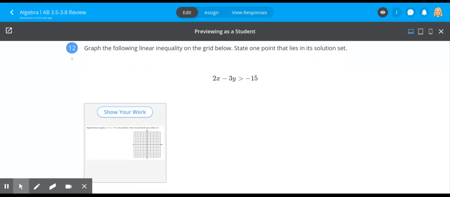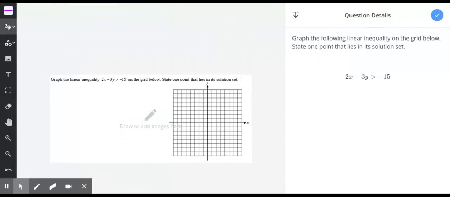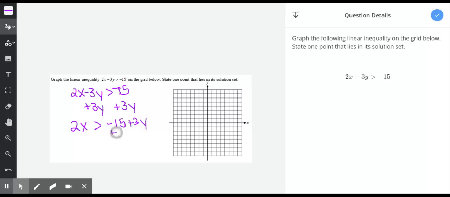Number 12, graph the linear inequality on the grid. To graph that, the first thing I'm going to do is make it be y equals. So I'm going to add 3y to both sides because I don't want to have to deal with dividing the inequality by a negative. So it's 2x is greater than negative 15 plus 3y. And I'm going to add 15.